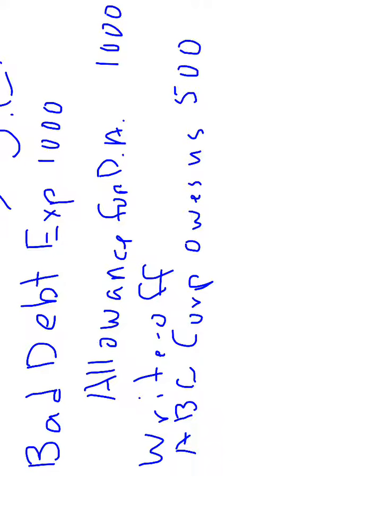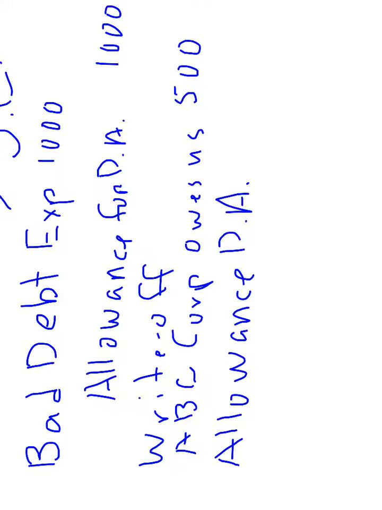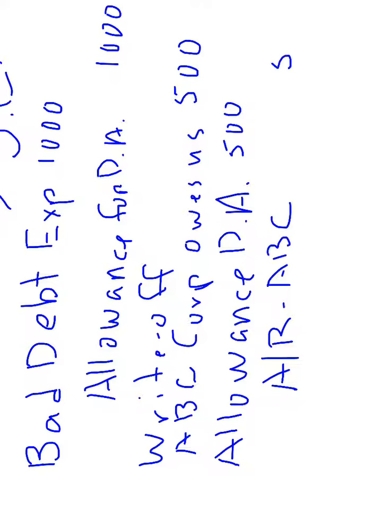To write it off in this case, we would use the allowance account as our debit account for that $500, and then we would credit accounts receivable for ABC Corporation for $500.